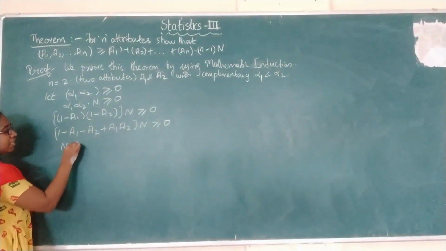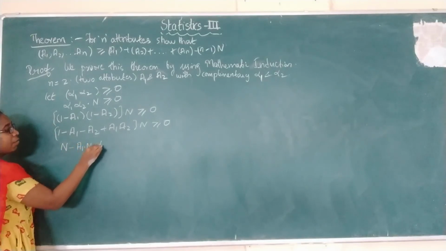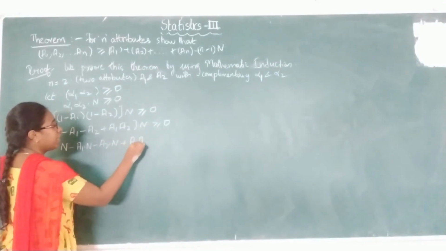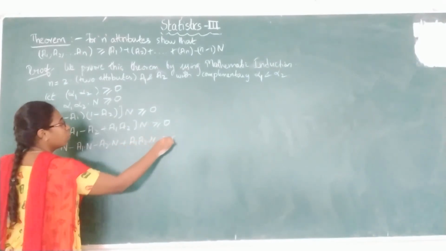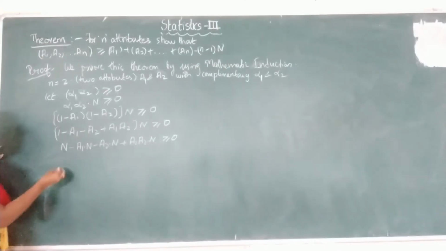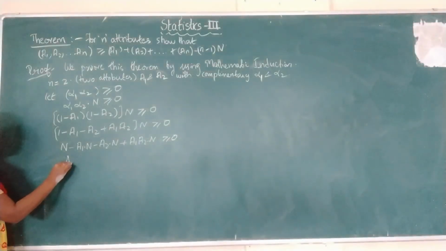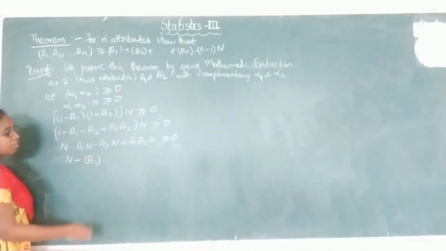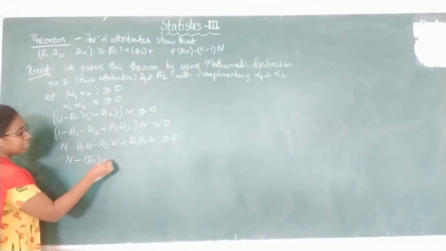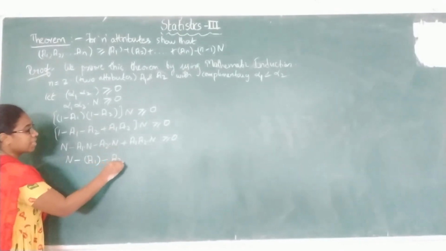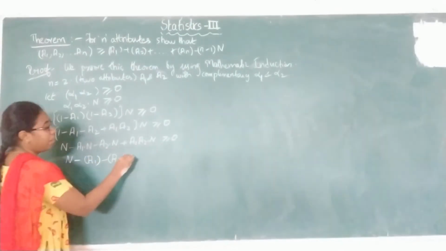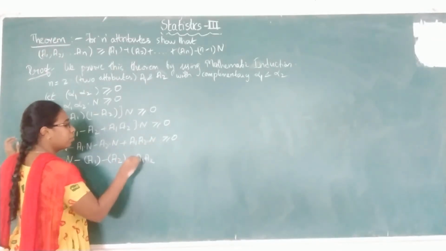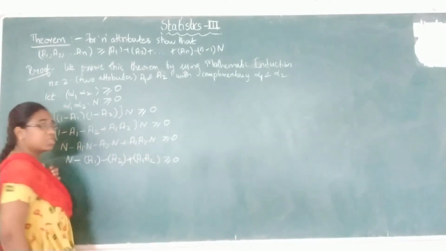N minus A1 into capital N minus A2 into capital N plus A1 A2 into capital N is greater than or equal to 0. If you observe, N minus A1 into capital N can be written as the class frequency of A1, and minus A2 into capital N can be written as the A2 class frequency, plus A1 A2 into capital N can be written as the A1 A2 class frequency, greater than or equal to 0.